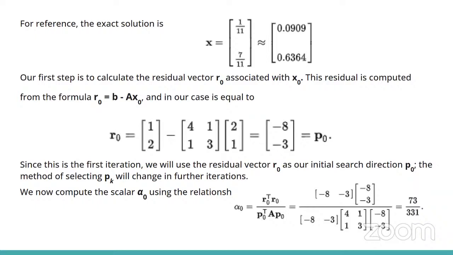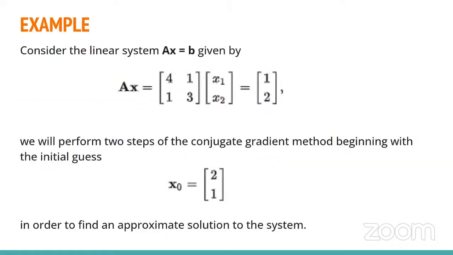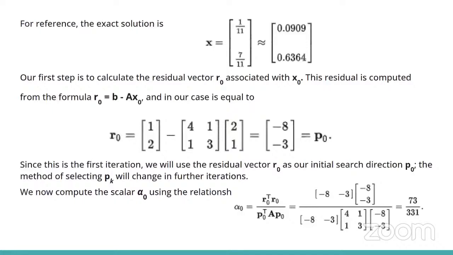So this is solving. Please, can you go back? Please go back to the slide where I was. Okay, so using this now, our B is from our question. Our B is the column vector 1, 2 from that equation.